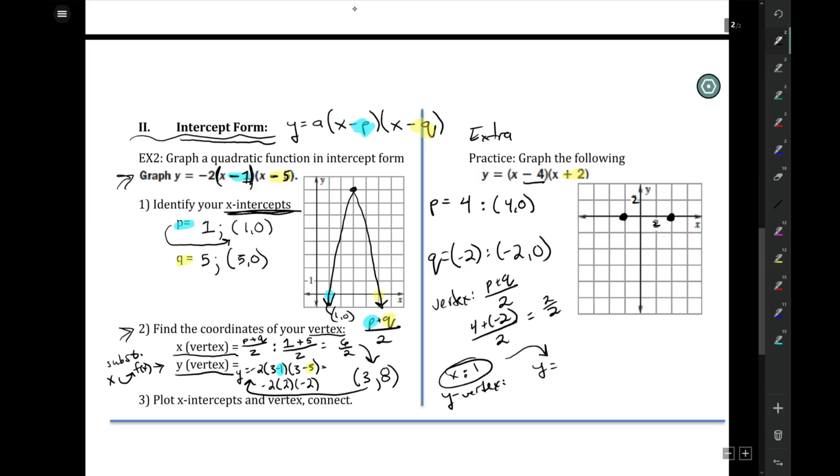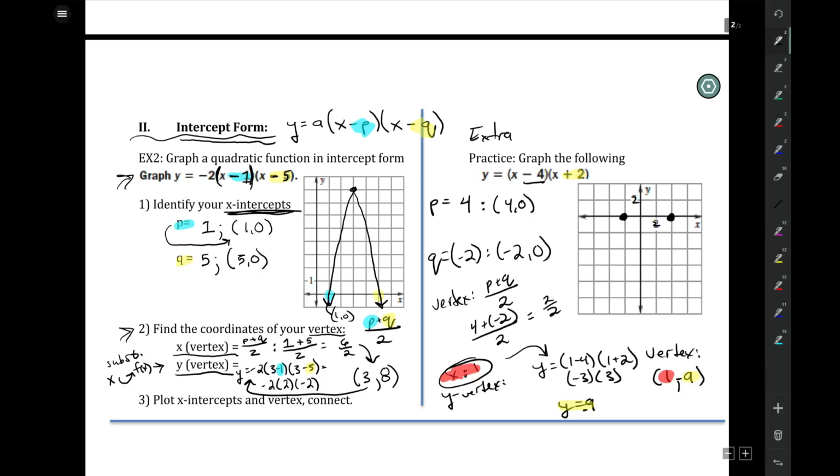So y equals (1 minus 4) times (1 plus 2). Well, that is -3 times 3. Y is -9. My vertex then would simply be at 1, -9. So again, there's the x coordinate and here is the y coordinate.